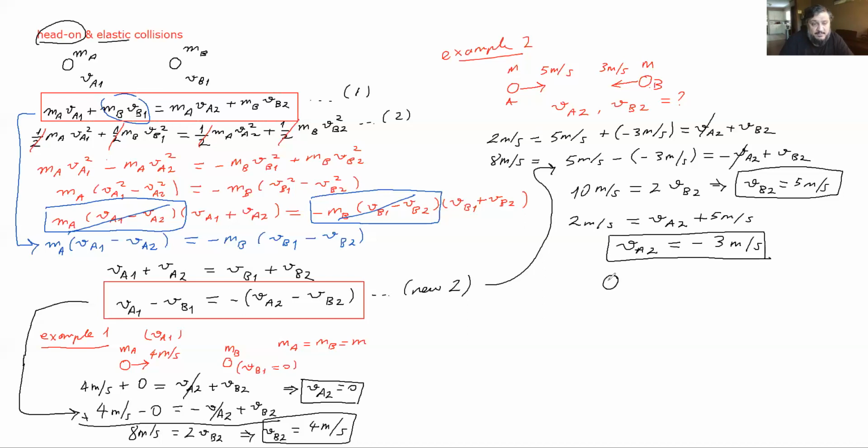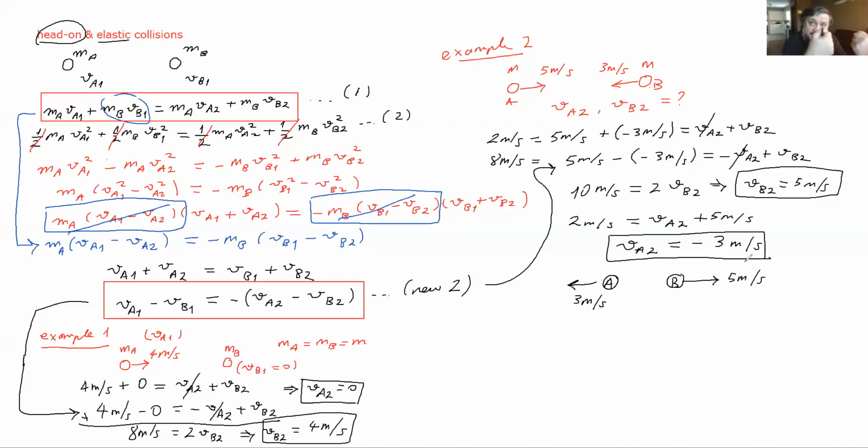Ball A will end up moving to the left after collision, and B will end up moving to the right after the collision with 5 meters per second, and this is with 3 meters per second. So what happened? I mean, this was the speed of B before the collision, and 5 meters per second was the speed of A before the collision.